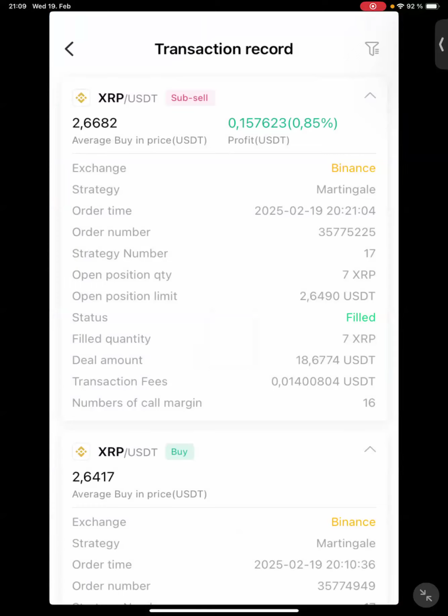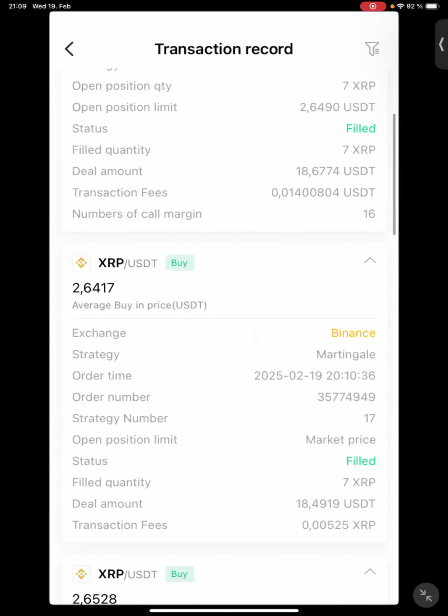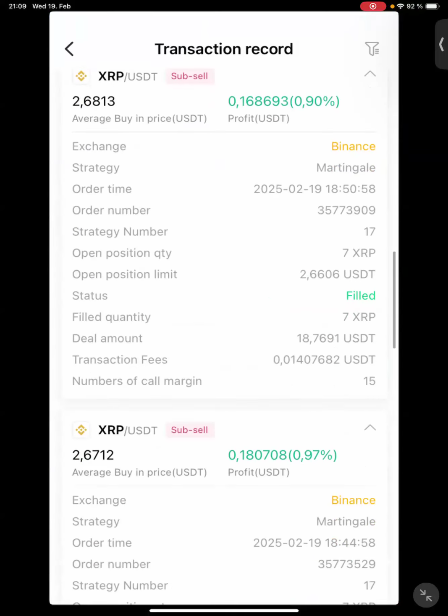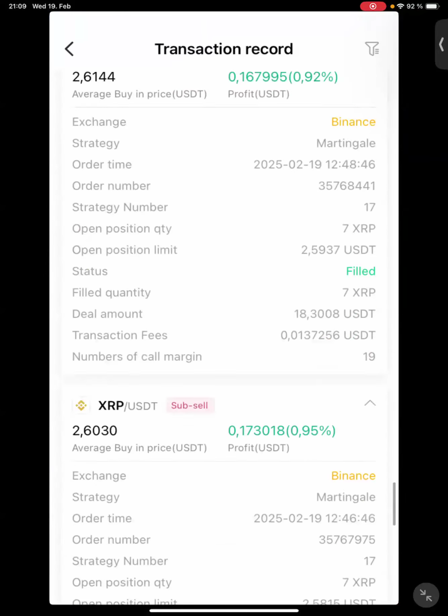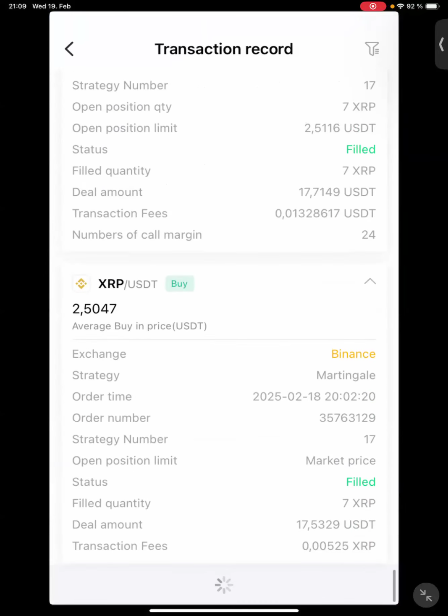All right, so these are the transaction records. You'll be able to see the sub cells, the buys. Whatever transactions happen on the coin, you would see them over here under the transaction record.